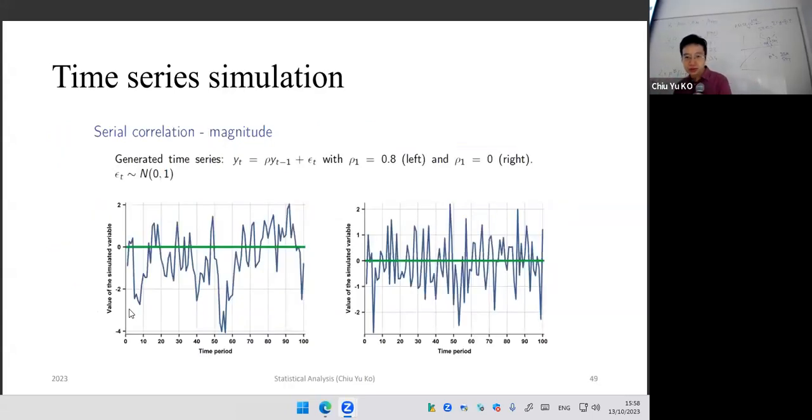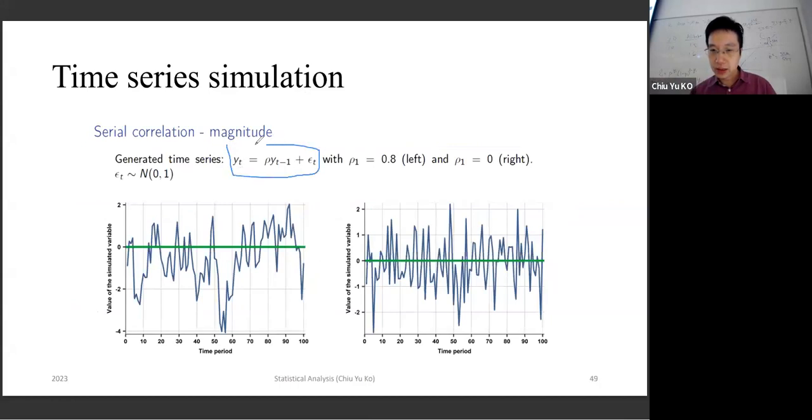Usually even the book doesn't tell you, but this process, it's not required for the class, is usually called AR1. It's auto-regressive of degree 1 if you learn time series.